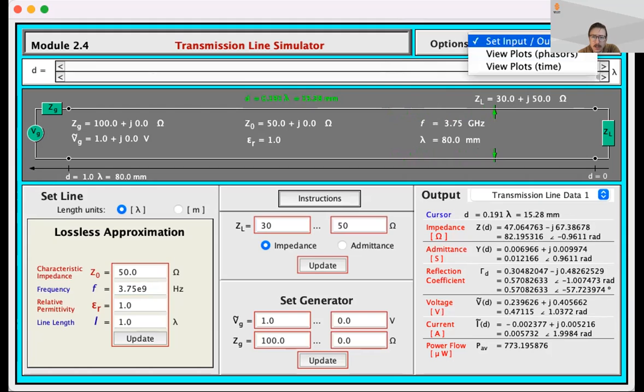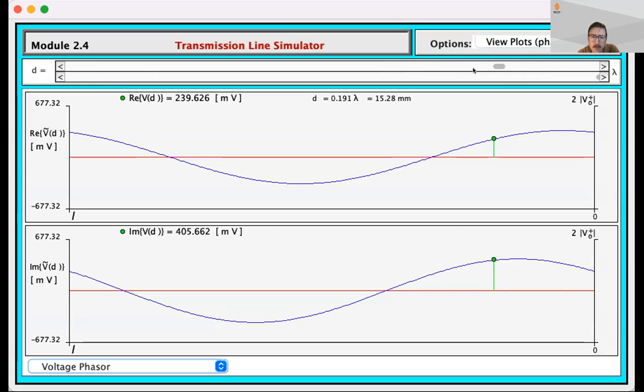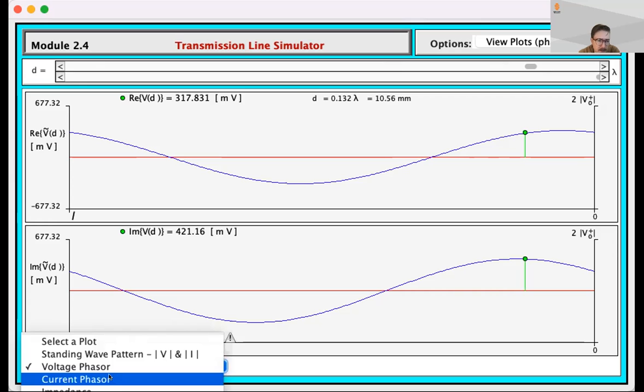Okay, so any questions? So we can look at the voltage and current phasors here. And a whole bunch more stuff.